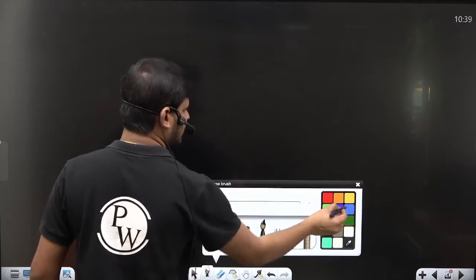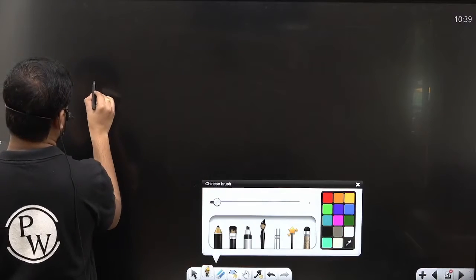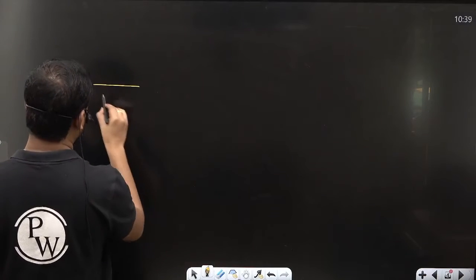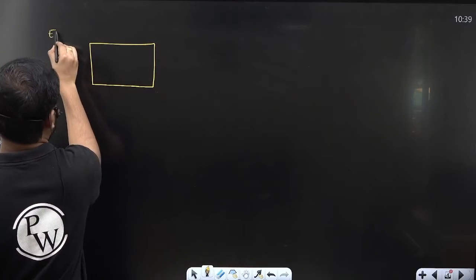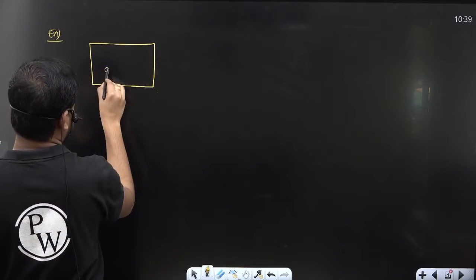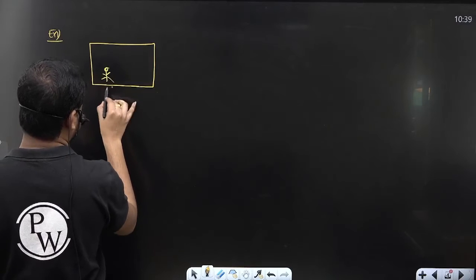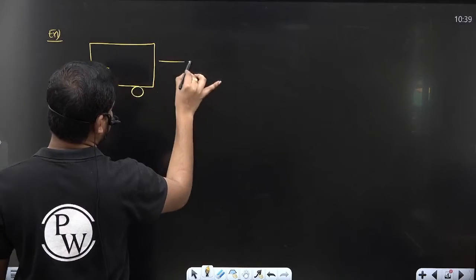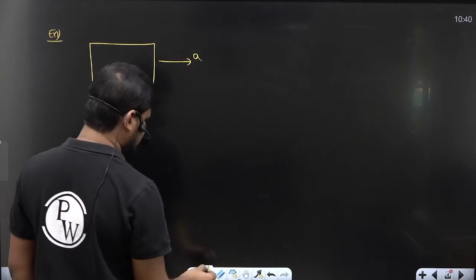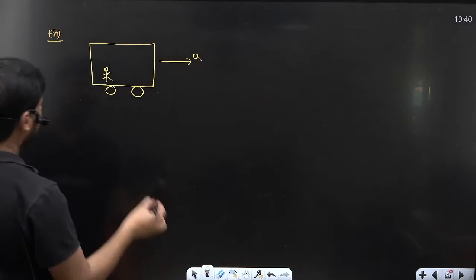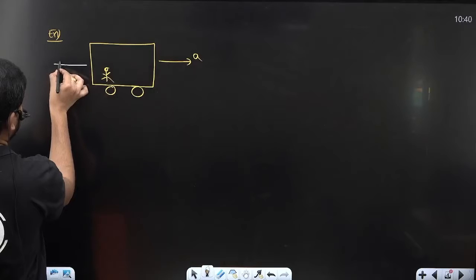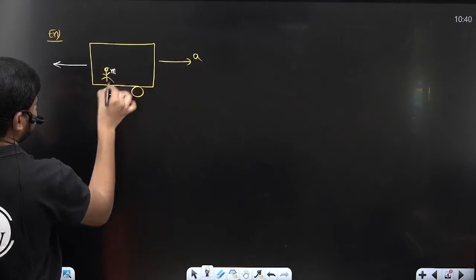See here, let's suppose here is a vehicle or trolley. First example, this is example 1. The person is here, and this is a trolley moving with some acceleration a. Now the pseudo force will be applied. Let the person's mass be m.